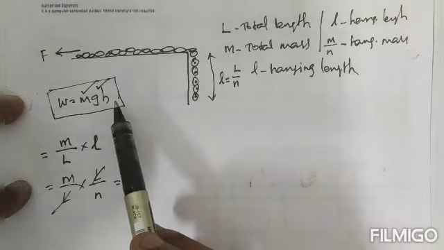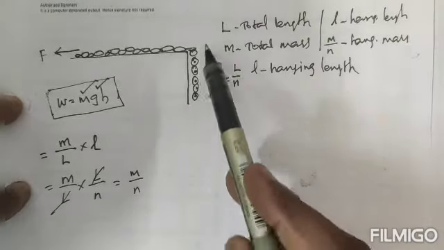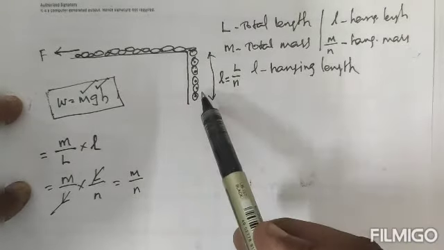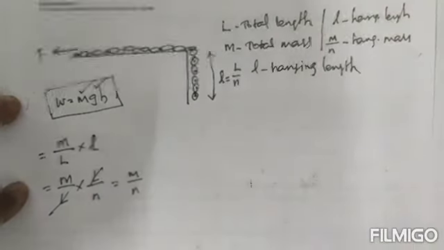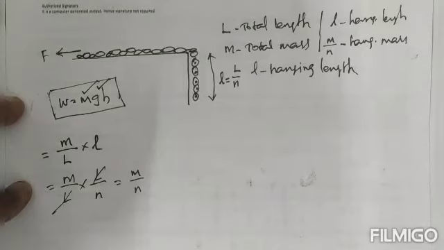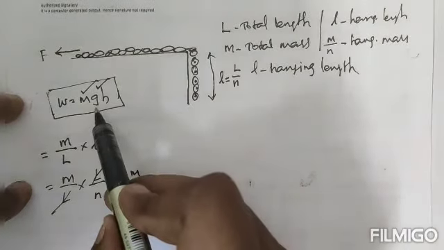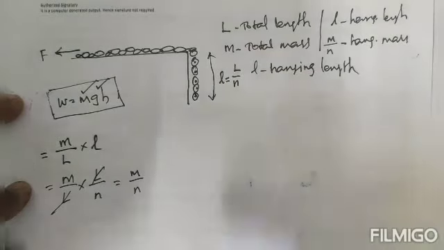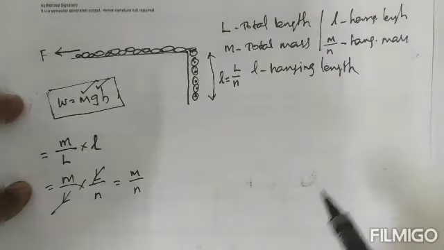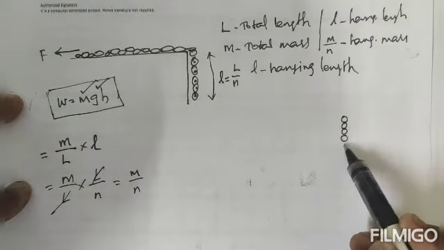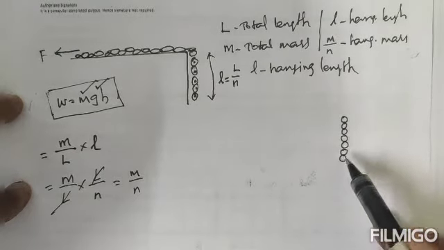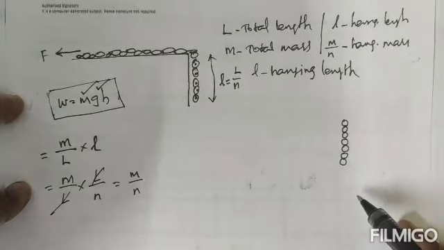Height is nothing but the height of the hanging part, that is the length of the hanging part. But you know very well g is the gravity acting on a point on the hanging part. So this is the hanging part. Here the mass is uniformly distributed.